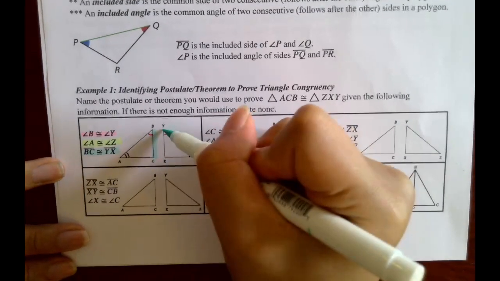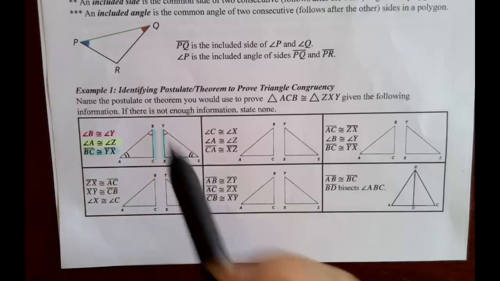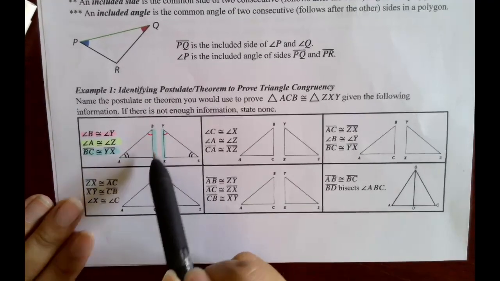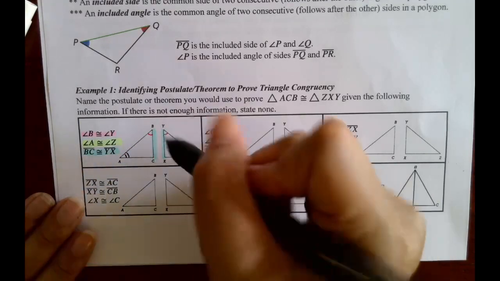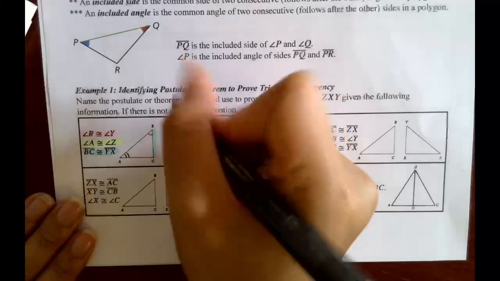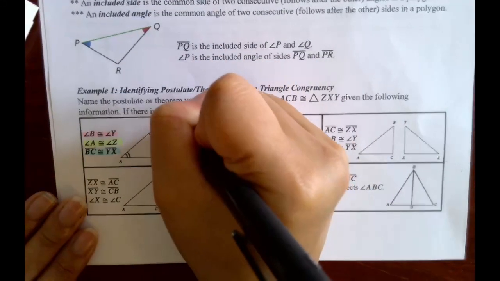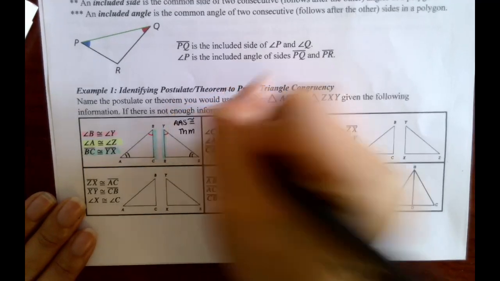BC is congruent to YX. Okay. So here we have to go in order. So this is angle, angle, side. Note the side comes after the two angles. So same thing, angle, angle, side. So here, do we have an angle, angle, side? Yes, we do. So angle, angle, side congruence theorem proves it.